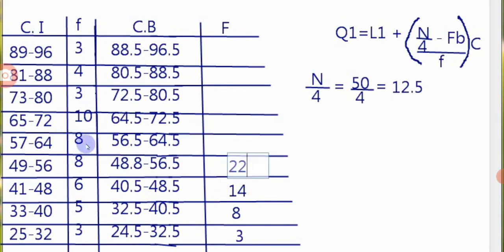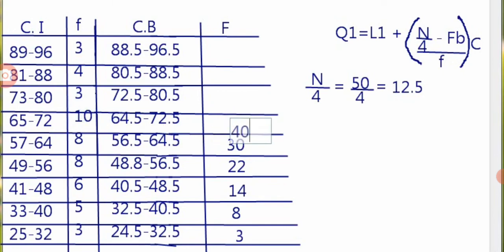So when we add 8 to 22, we'll have 30. So 22 plus 8 is 30. So this 30 plus this 10 will give us 40.